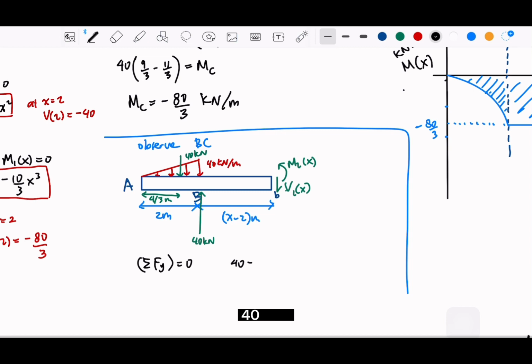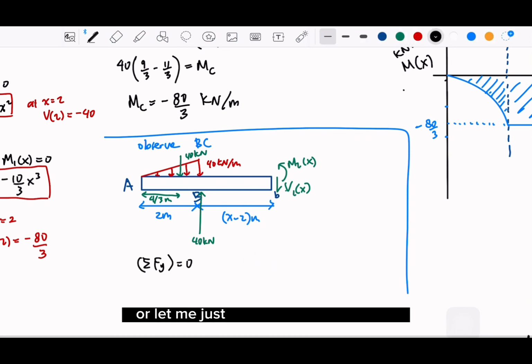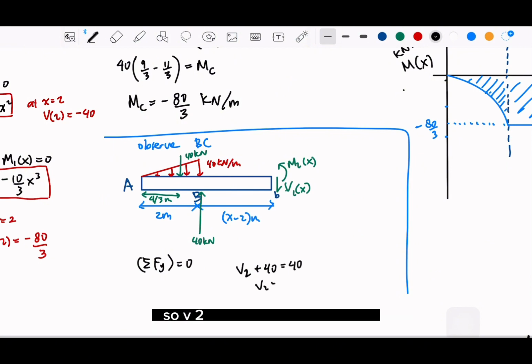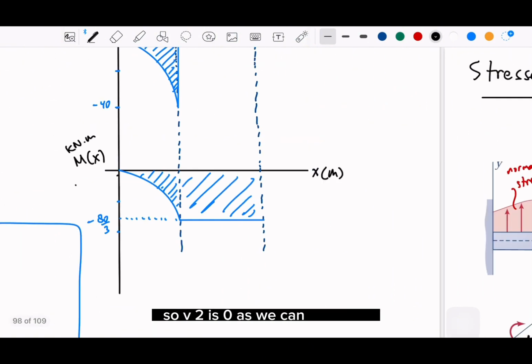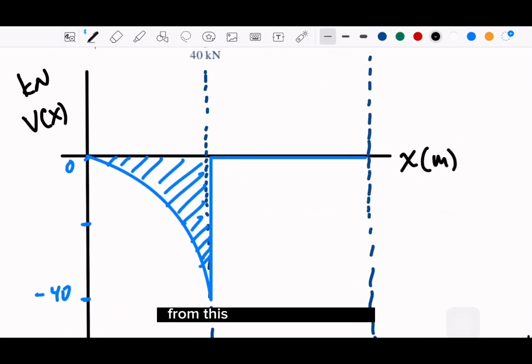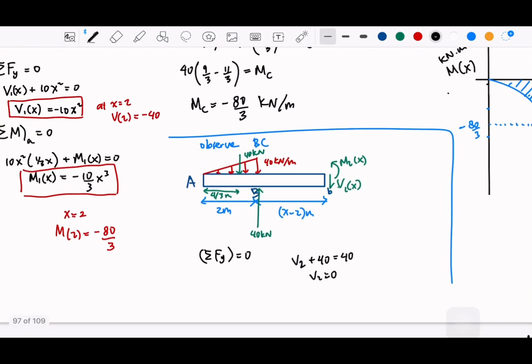V2 plus 40 equal 40. So V2 is 0. As we can see from this part here, 0, right?